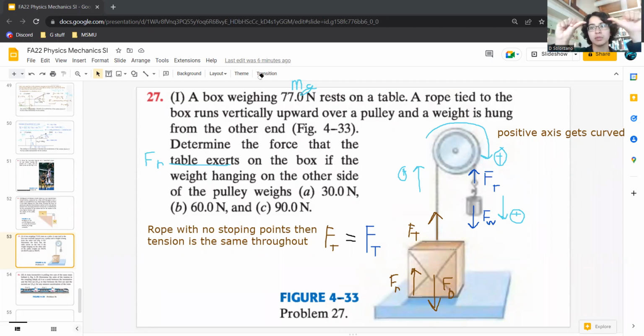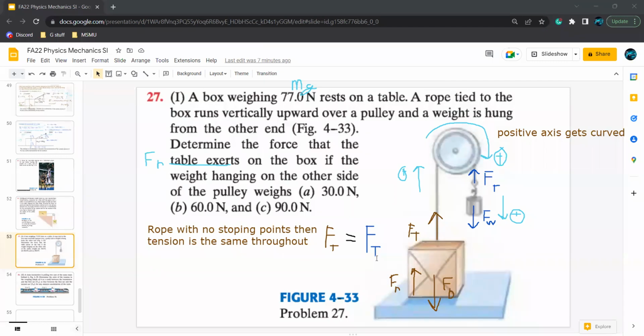And if you're looking at it on this side, it's pulling this way. So it's pulling opposite directions, but the tension is the same. And the sign depends on where you're looking at it from. But here, you are actually just using force tension to relate this to the force of the weight.